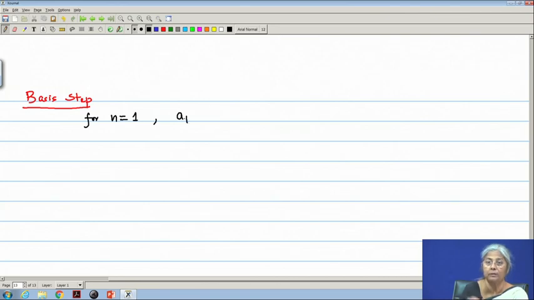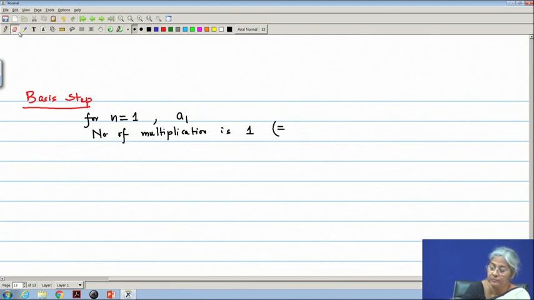So, the number of multiplications is 0, which is equal to 1 minus 1, n minus 1.